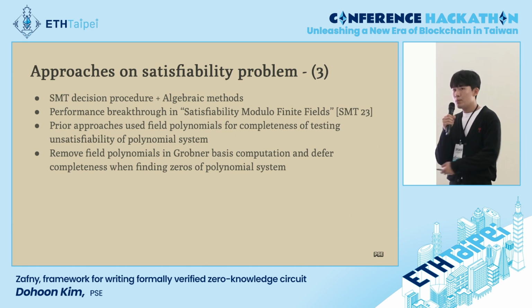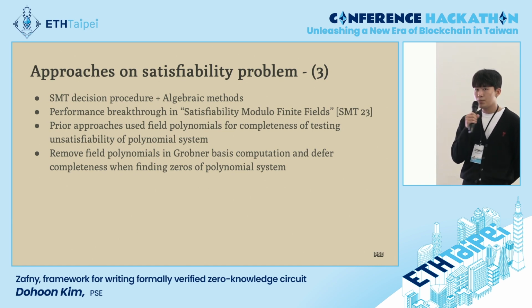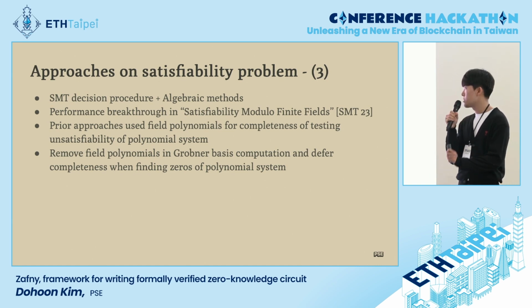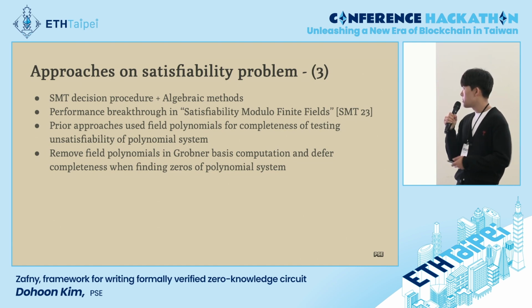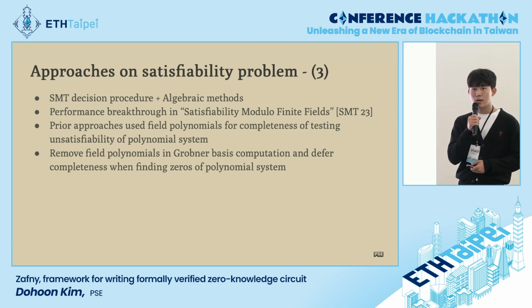But in this paper, they removed field polynomials from the Gröbner basis computation and deferred the completeness of the test to when finding zeros of the polynomial systems. So they were quite a bit faster than the prior approaches, but still, finding zeros of the polynomial system was very computationally heavy.